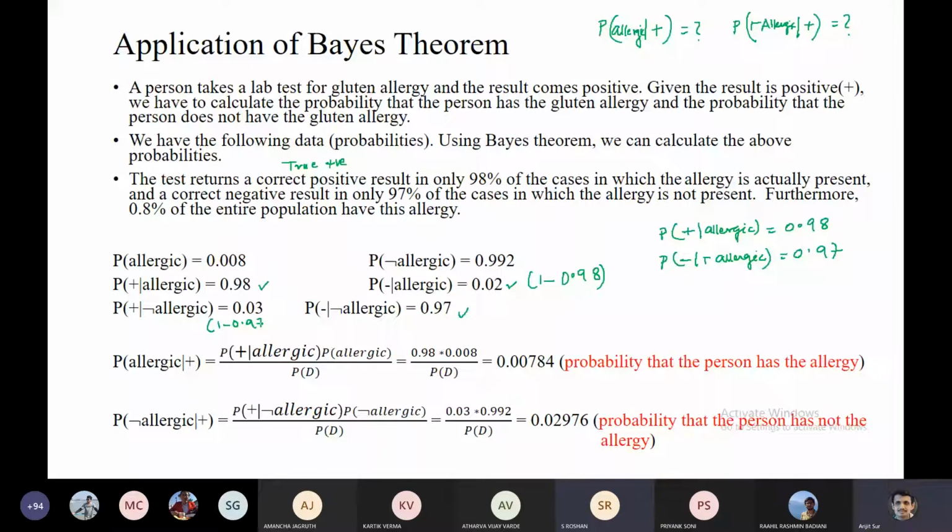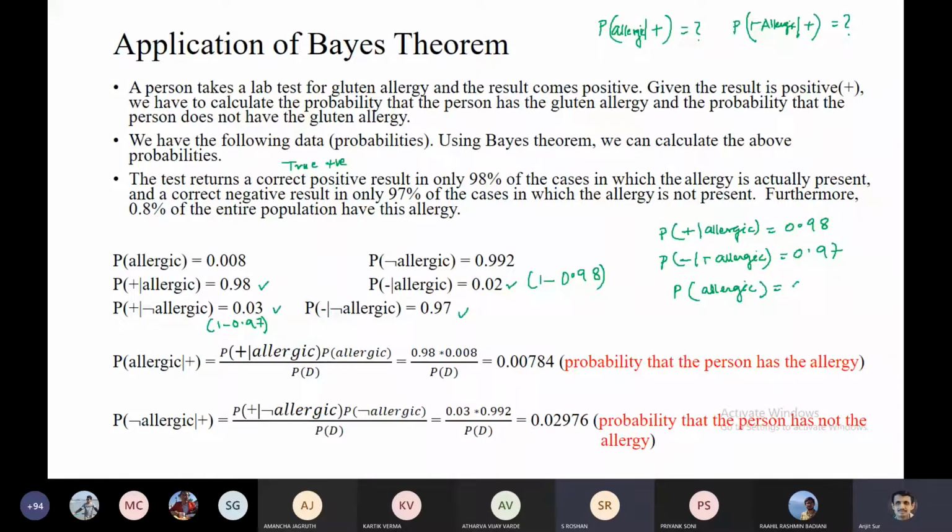Okay. Furthermore, 0.8% of the entire population has the allergy. So out of the total population, how many have the allergy? The allergy is 0.8 by 100, so 0.008.